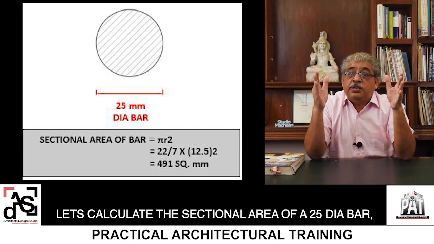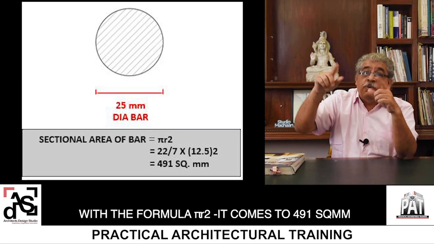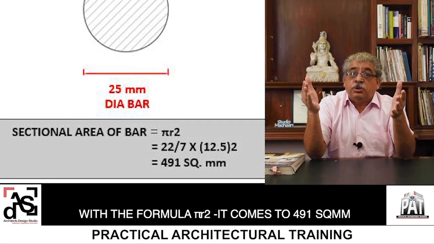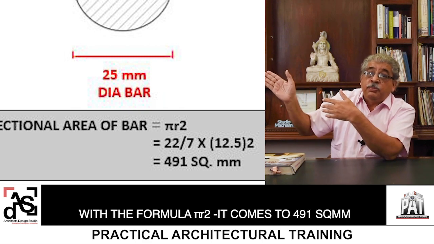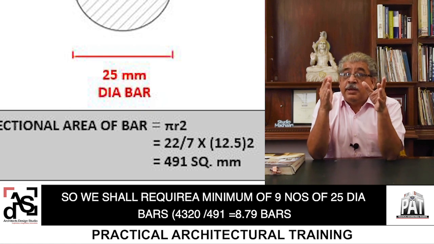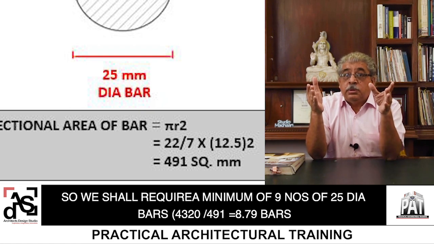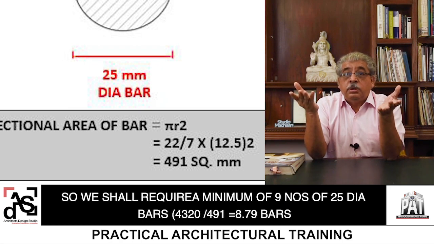Now, let's calculate the sectional area of a 25 dia bar with the formula pi r square. It comes to 491 square mm as is mentioned there. So we shall require a minimum of 9 numbers of 25 dia bars, because 4320 divided by 491 will give you 8.79 bars.